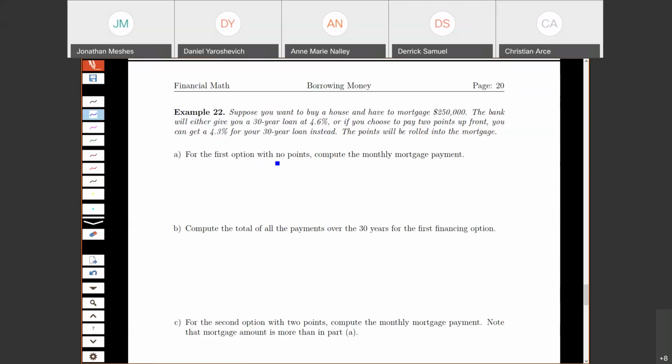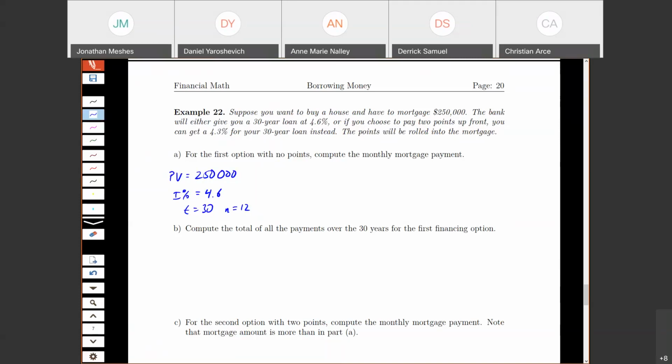So the first option with no points, compute the monthly mortgage payment. My principal or present value is $250,000. The interest rate is 4.6%. It's 30 years and monthly payments.